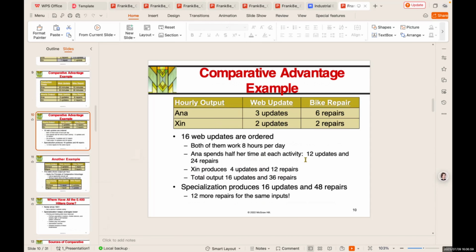So the total output without trade and specialization is 16 updates and 36 repairs. After everyone specializes in the task they have a comparative advantage in and trades with each other, the total output increases to 16 updates and 48 repairs. Obviously, the total output of the economy has increased.